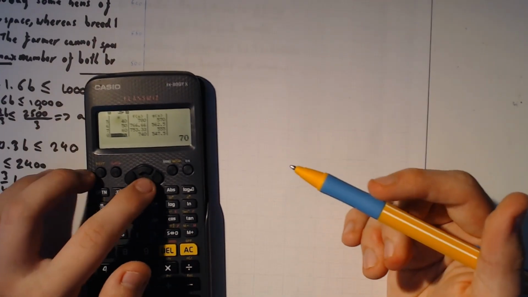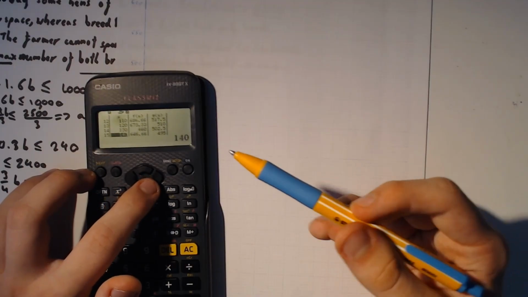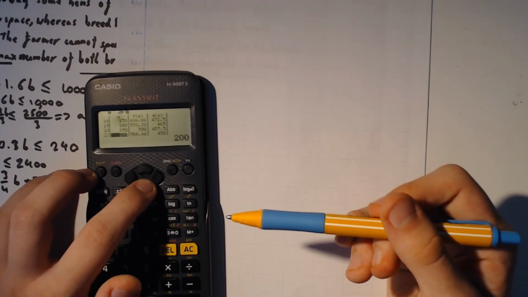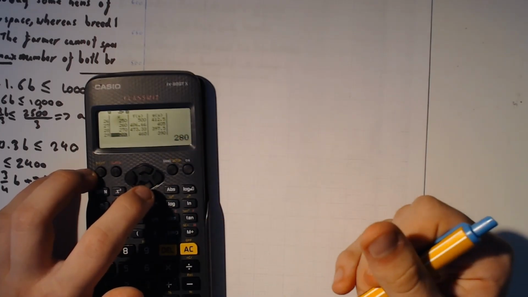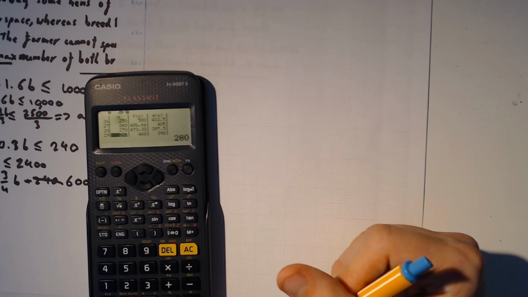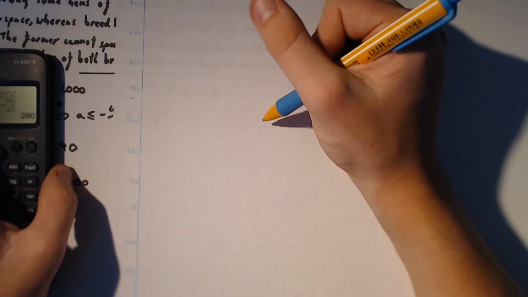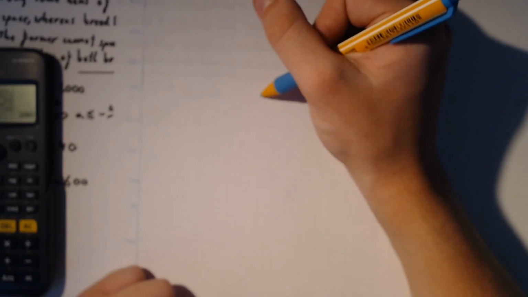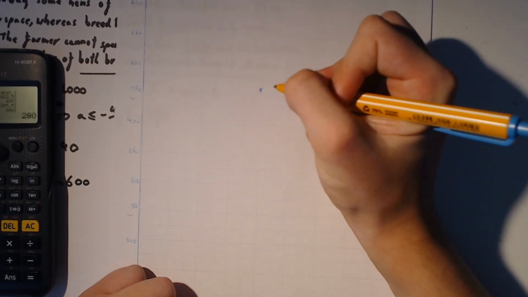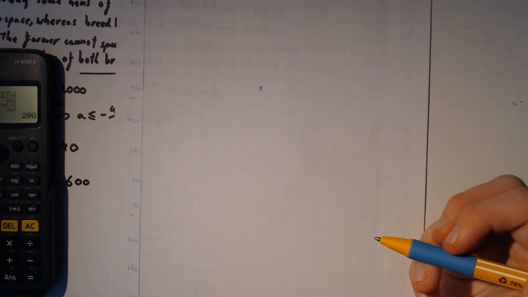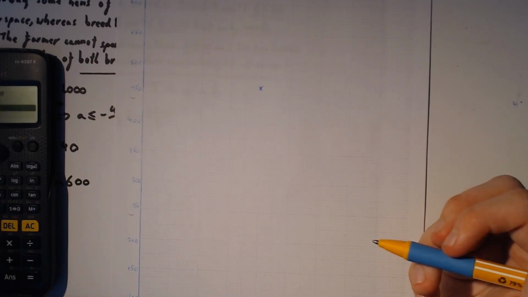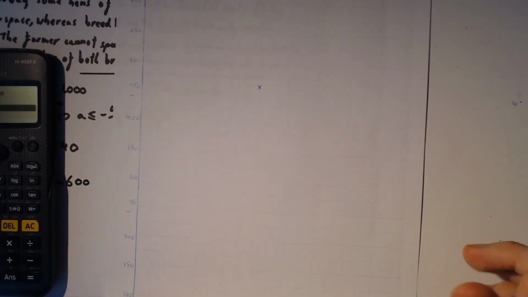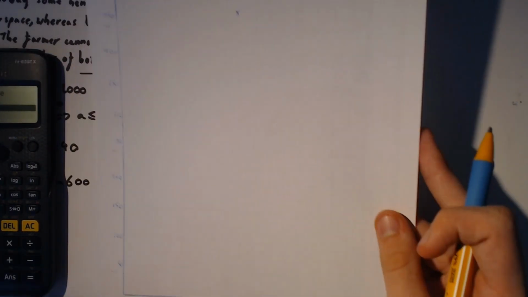So we keep looking. 140, not a whole number. 210, not a whole number. 280 is 460. So 280, we go up here. 450, 460. Then we're going to need to hit back, go through, and then we're going to replace this with 290 all the way up to 560, which is the second to last one here.